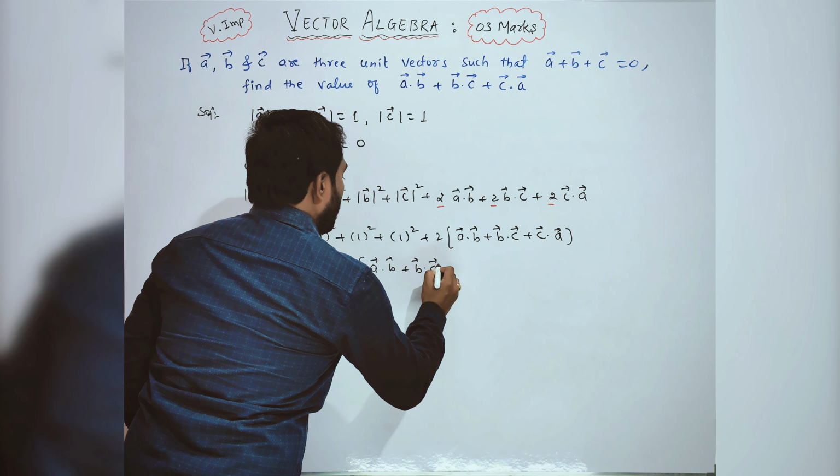Okay, my dear students, so the first example is over. We'll see one more important example which is asked repeatedly in the model question papers as well as in the previous year question papers. Okay, let us see. If A, B and C are 3 vectors such that modulus of A, B and C both are given.